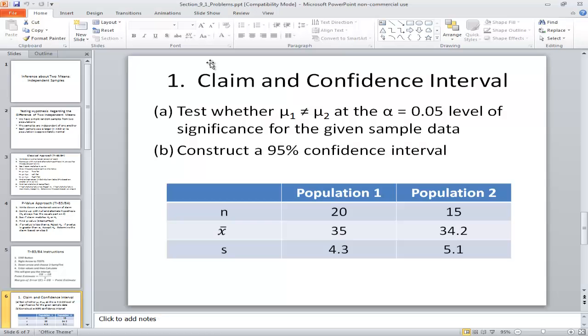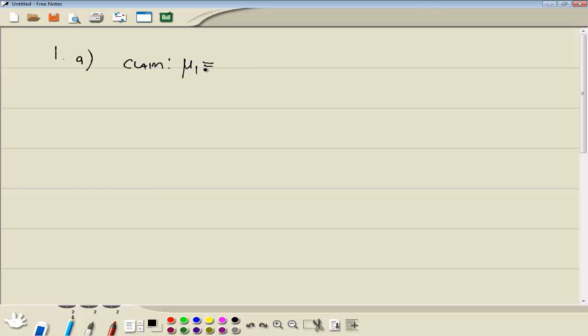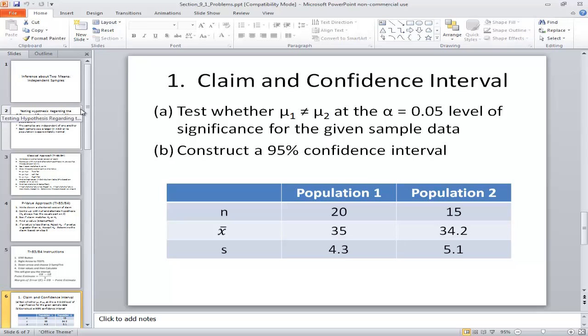So they're telling us mu sub 1 is not equal to mu sub 2. And they're telling us alpha is 0.05. And then they give some information.